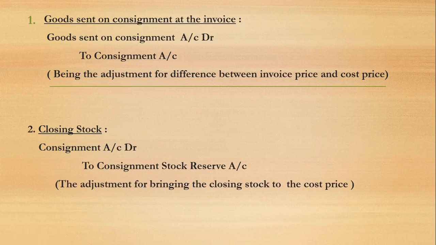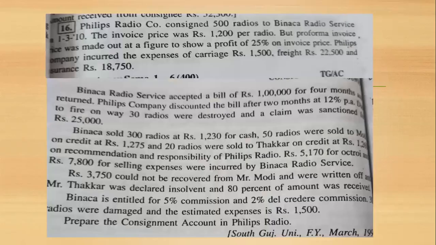Let's understand these entries with the example, with the sum. Okay? So we will see the sum number 16 today. In sum number 16, it is given that Philips Radio Company consigned 500 radios to Binaka Service on 1st March 2010.